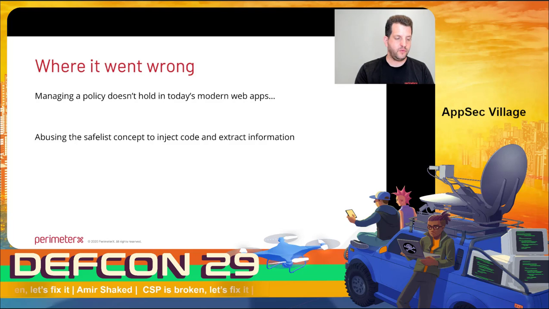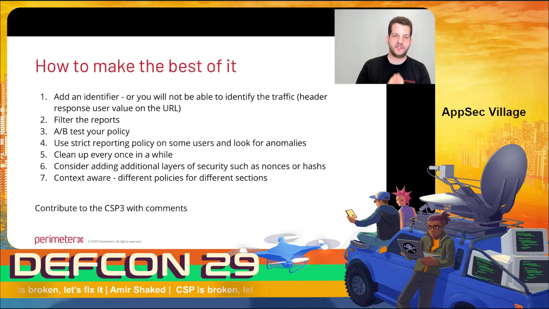So let's talk about what we can do to make the best of it. One thing I haven't mentioned, going back to the first item, is how we can differentiate if a report is coming from one user or the other.